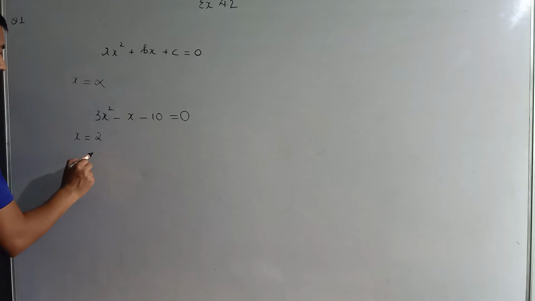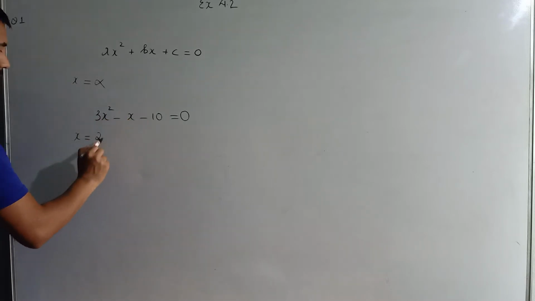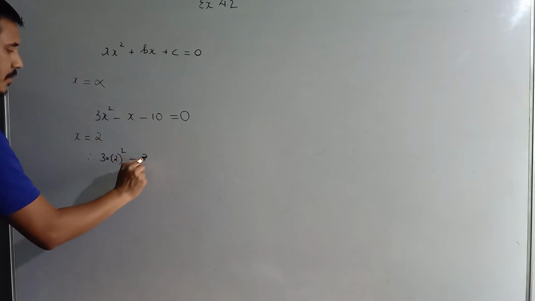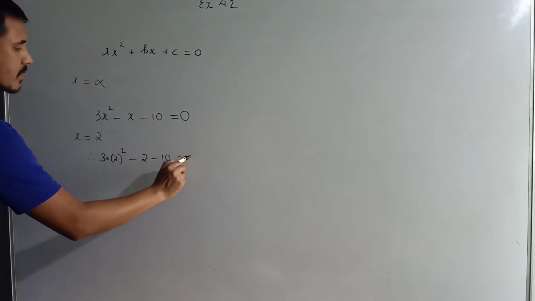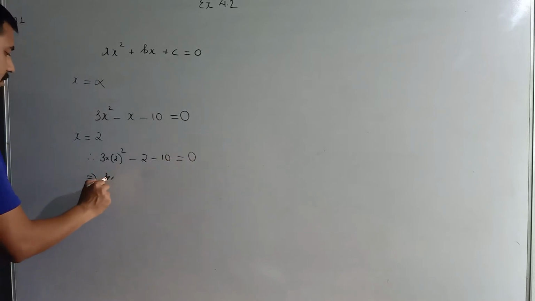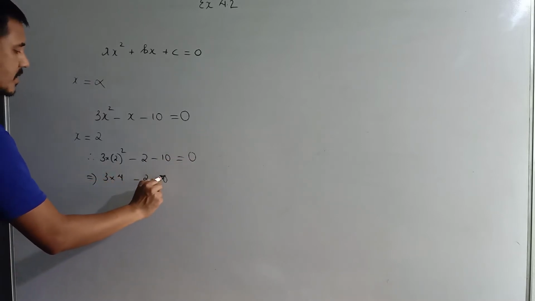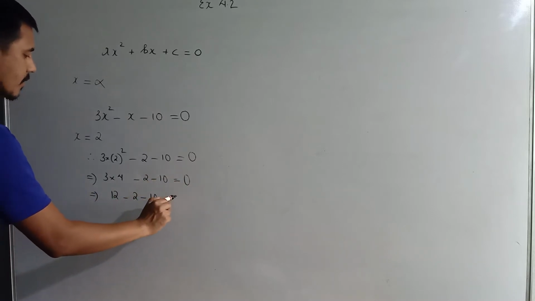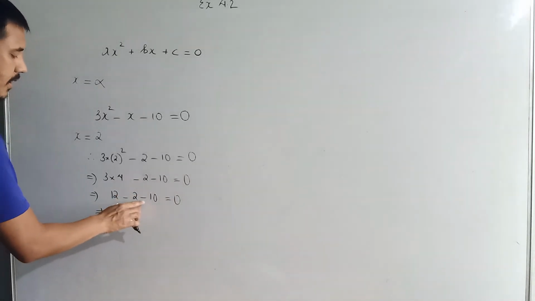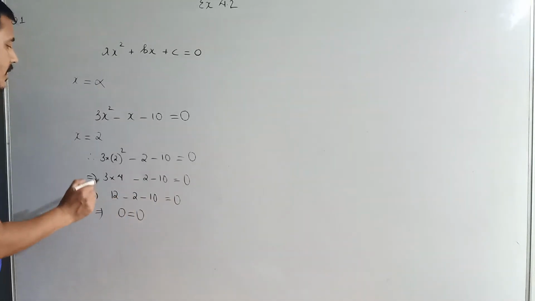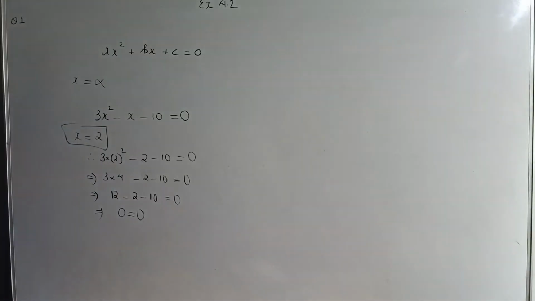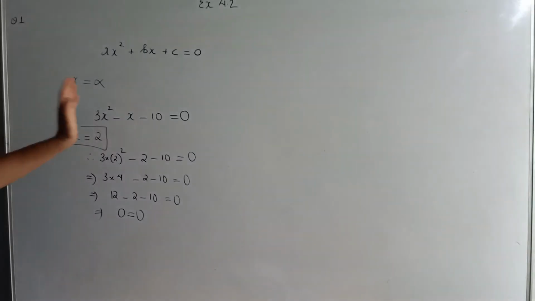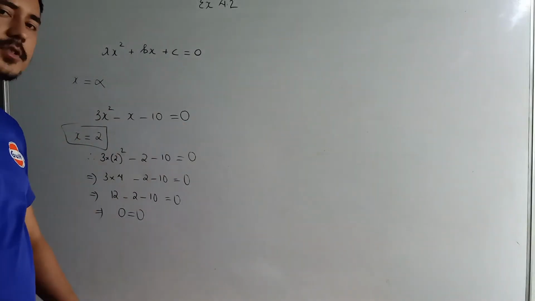Then in that case your equation becomes 3 times 2 squared minus 2 minus 10 is equal to 0. 3 into 4 minus 2 minus 10 is 0. 12 minus 2 minus 10 is 0. 12 minus 2 is 10, 10 minus 10 is 0, 0 equal to 0. So since x equals 2 satisfies your given quadratic equation, x equals 2 will be called a root of your quadratic equation.